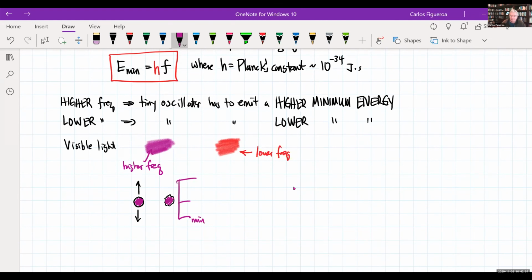Note, I didn't draw a wave. There is no wave. All of a sudden, this comes right out. And if I have a red atom, it emits a lump, but this lump has a much smaller minimum energy. Again, this comes shooting out. And there's some really strange stuff going on right here. Really, really strange stuff.